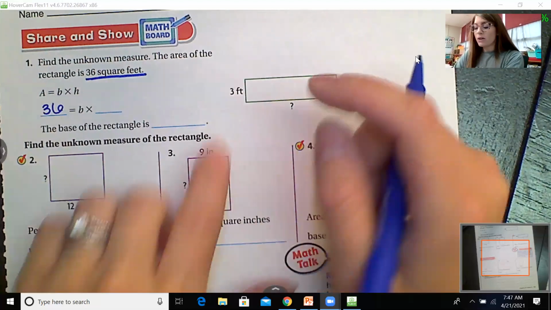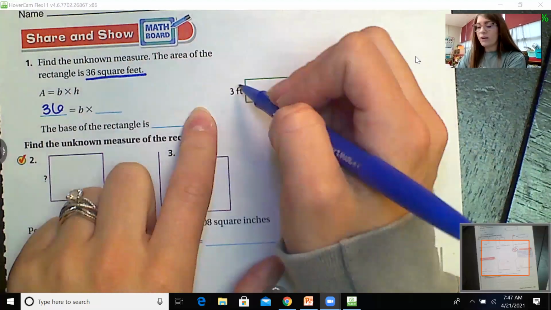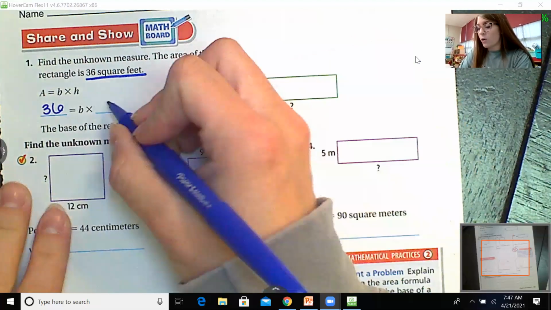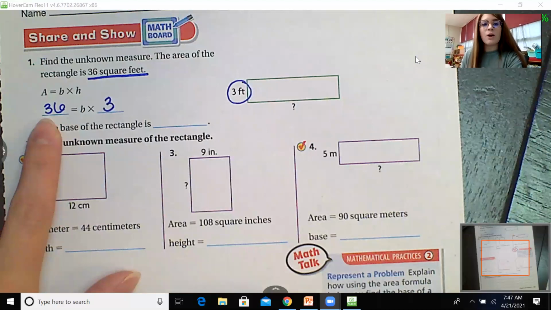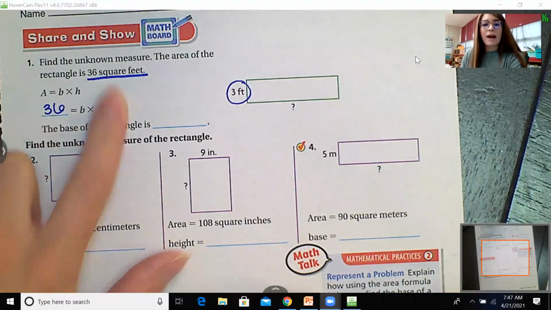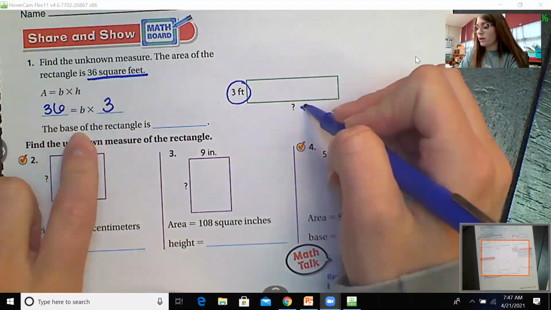And we are only given one of those here. We are given 3 feet. So we know two things. We know that the total is 36 square feet, and we know that the height is 3 feet.